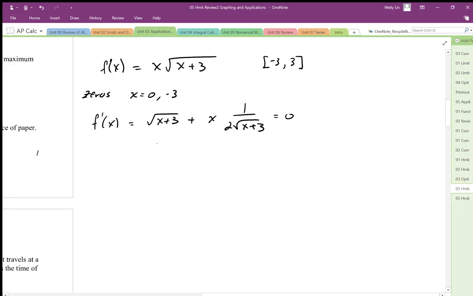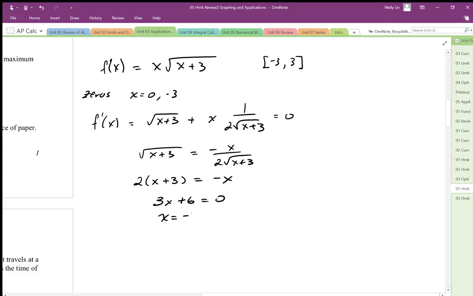I'm going to move one term to the other side, negative x over 2 root x plus 3, and I could solve this algebraically by cross multiplying. I'm going to add x to both sides, so I end up with 3x plus 6 equals 0, and that gives me x equals negative 2.